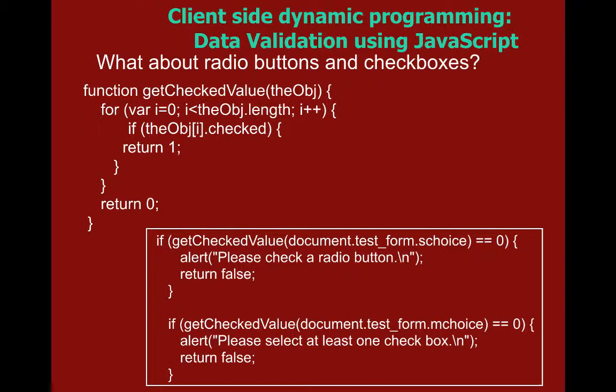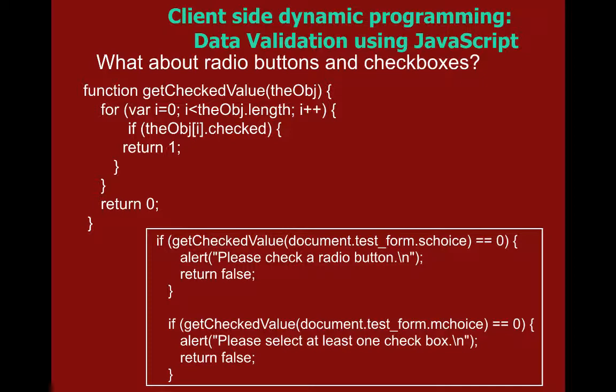You can see here the function getCheckedValue, and what is passed in is the name of the radio button element, and in the other example, the name of the checkbox called mChoice. The radio button is called sChoice, and test_form is the name of the form containing the radio button or checkbox, and document.test_form.sChoice is actually an array.